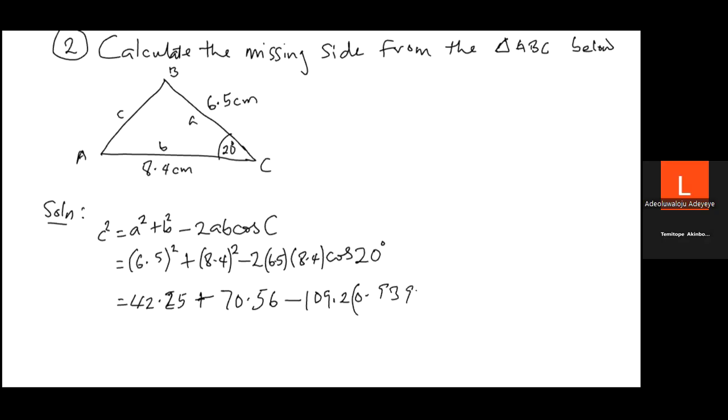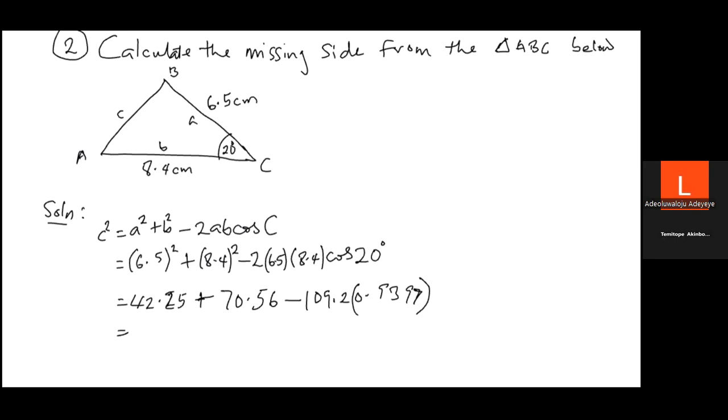Now, let me sound a note of warning. Do not truncate the digits. For instance, 42.25, don't quickly write it as 42.3. Don't approximate at this level.